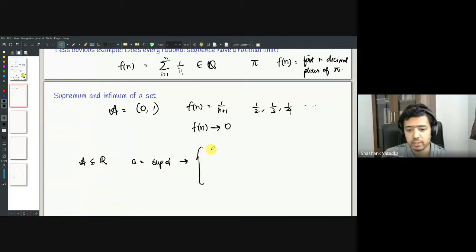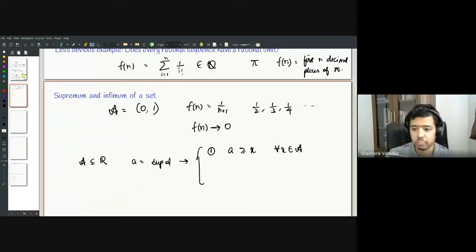Firstly, we want a to be greater than or equal to all x in A. Okay, so it's going to be what we call an upper bound for A. So it has to be an upper bound for A.